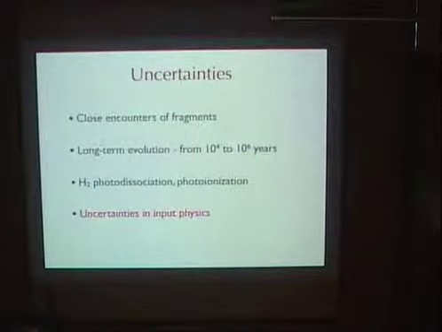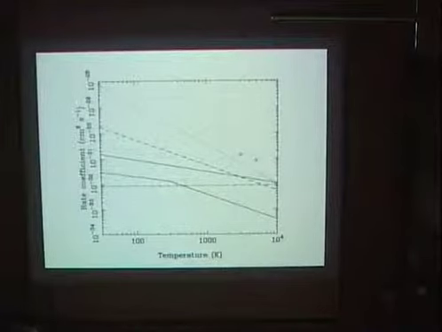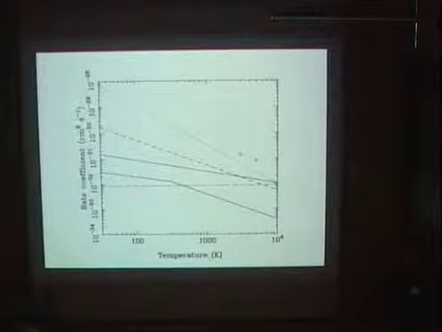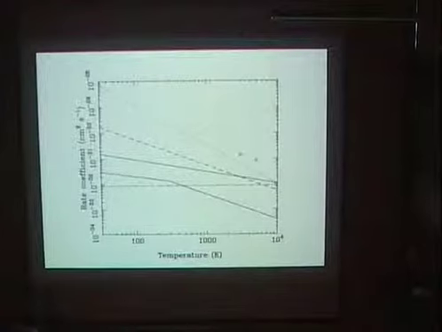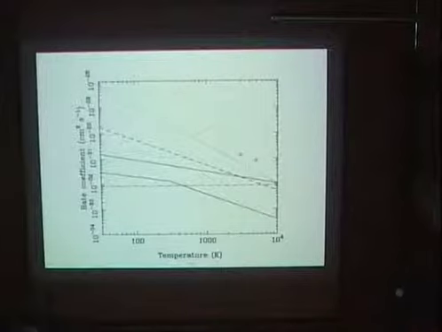But finally, we are limited to some extent by uncertainties in the input physics. The main uncertainty I want to talk about now, and I'll just spend a couple of minutes on this because I know we have talks later in this workshop about it, is the uncertainty in the rate of three-body H2 formation, specifically the rate of the reaction hydrogen plus hydrogen plus hydrogen giving H2 plus H. This is a plot I drew up a few years ago, which compares the different values for this rate coefficient that I was able to find in the literature.